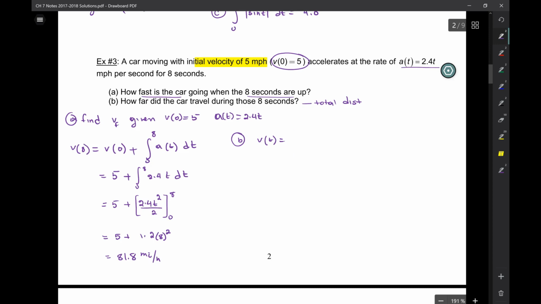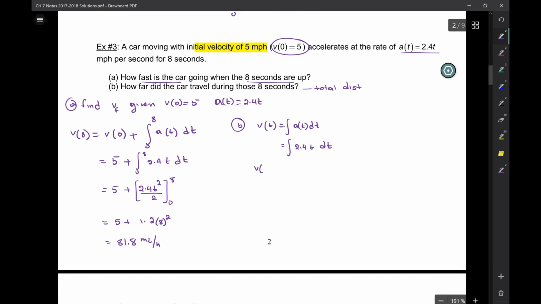So let's see. We're going to integrate A of t dt. So this is going to be the integral of 2.4 t dt. So V of t is going to be 1.2 t squared plus C. 2.4 over 2. Now, what's our initial condition here?